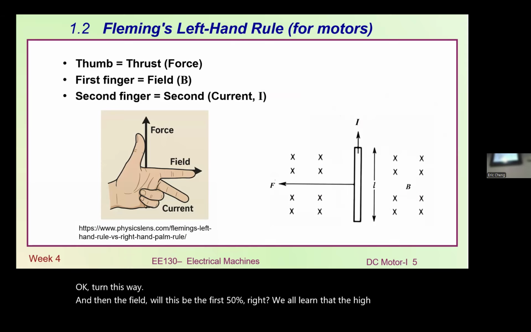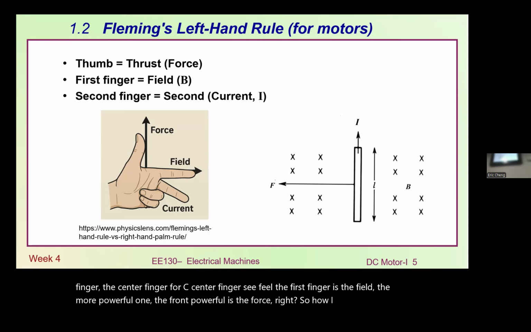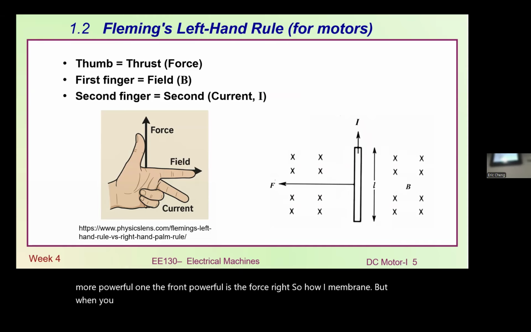How I remember it: the center finger is the current, the first finger is the field, and the thumb, the most powerful, is the force, right? But when you have been in this field for many years, you should be able to think of your own way to remember the force direction.